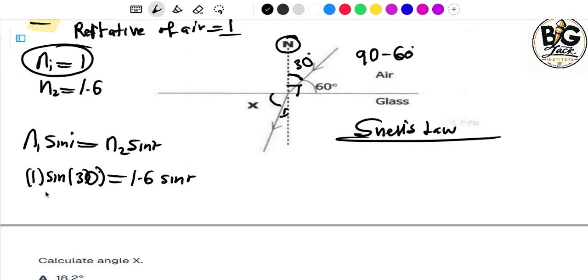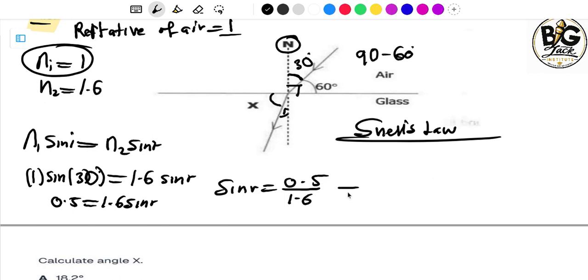Sine 30 is 0.5, multiplied by 1 is 0.5. Then we have 1.6 here, then sine r. So sine r is going to be equal to 0.5 divided by 1.6.